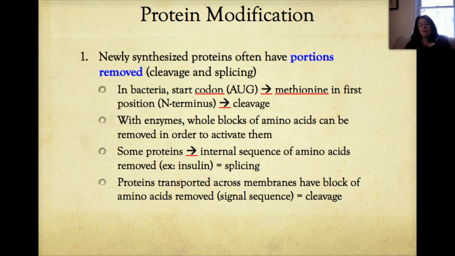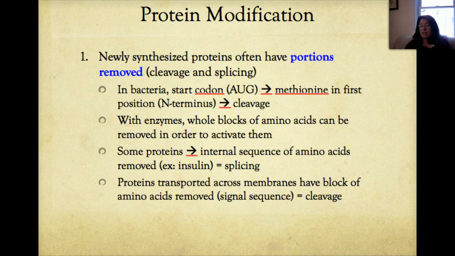Now, the other thing that can happen is additional amino acids, whole blocks of them, can be removed in order to activate or turn on this new protein. And again, if that happens at one of the ends of this brand new polypeptide, we would call that cleavage.